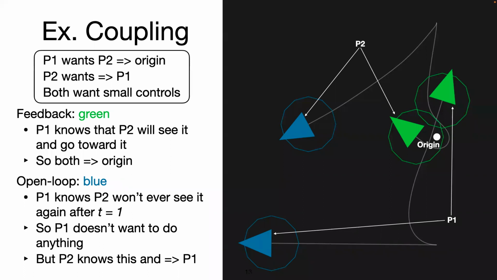So it's totally, radically different. The point I'm trying to get at is that if we don't understand where information is encoded in our solution method, we could end up finding a totally wrong solution that's not the one we were trying to encode. The danger here is if we're applying this in a receding horizon model predictive control scheme, and we're always finding the open loop solution when we actually think the other cars do see us and things we do will affect them in the future, we may be finding the wrong solution all the time.